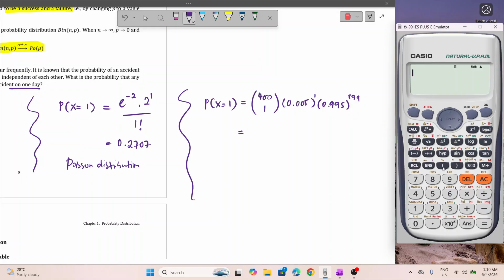I will do it one by one. So 400 shift C1 times 0.005 to the power of 1, close the bracket, open the bracket again, 0.995 to the power of 399, and enter.